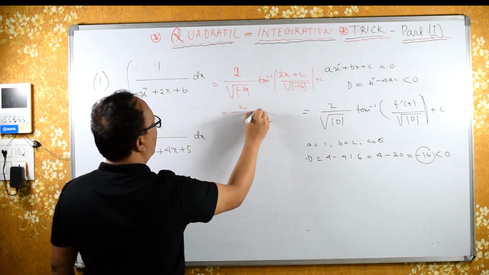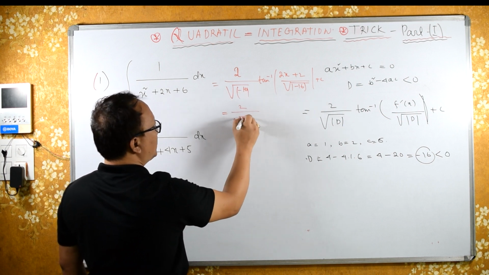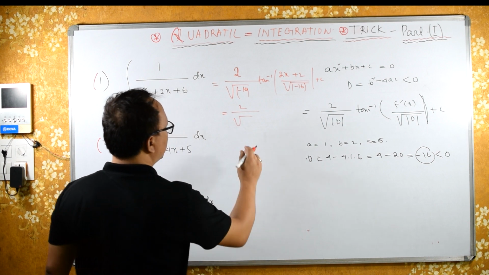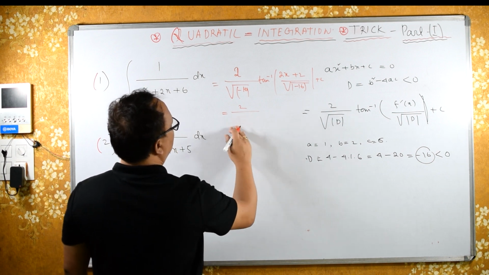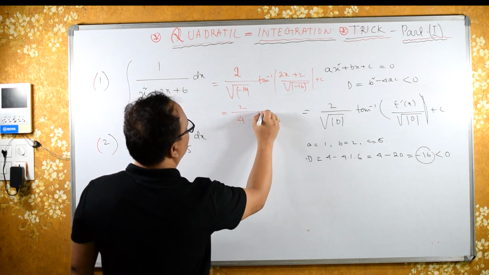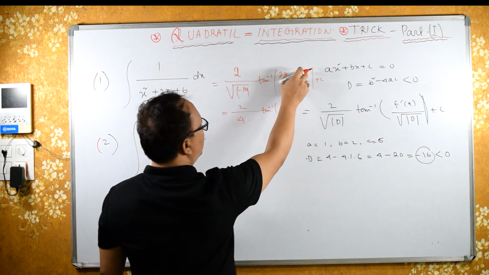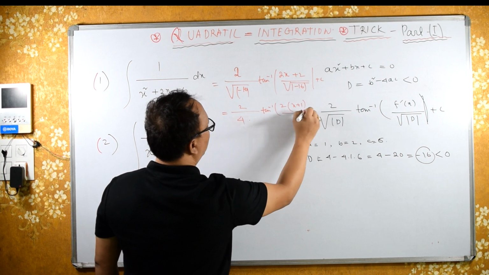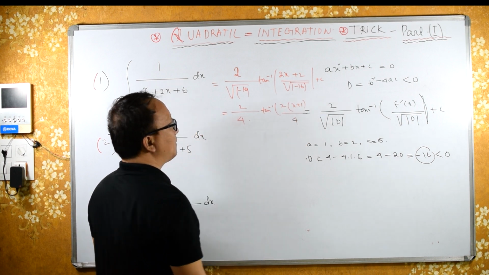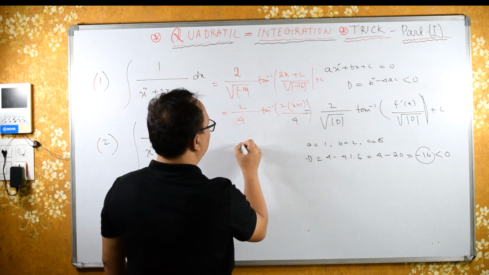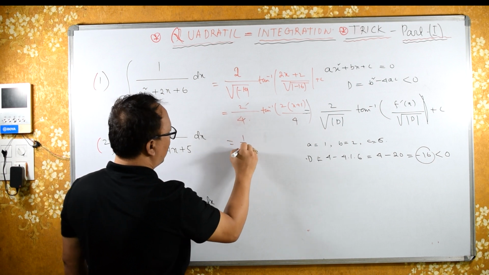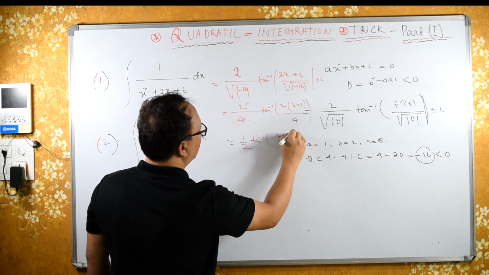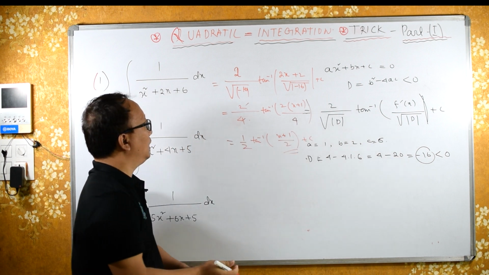That is 2 upon 4, tan inverse. From here you can take 2 common, x plus 1 upon 4, and if you cancel this, you have half tan inverse of x plus 1 upon 2, plus c. This is the required answer.